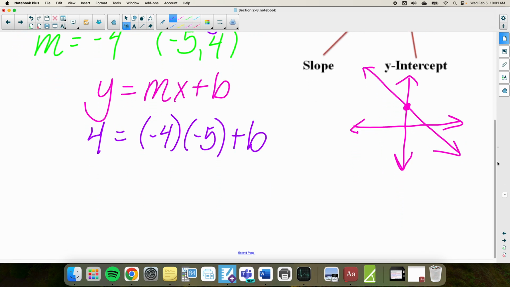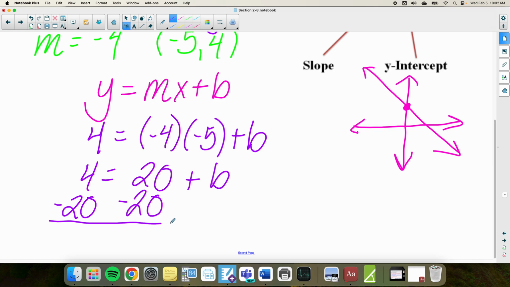So we're doing all this work to find b. So then I write 4 equals -4 times -5, which is a +20. Then I subtract 20, and I get that my b is -16.